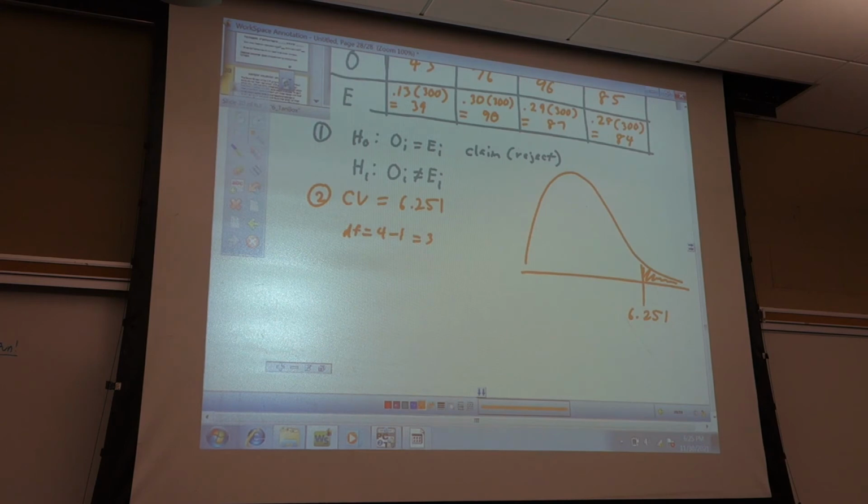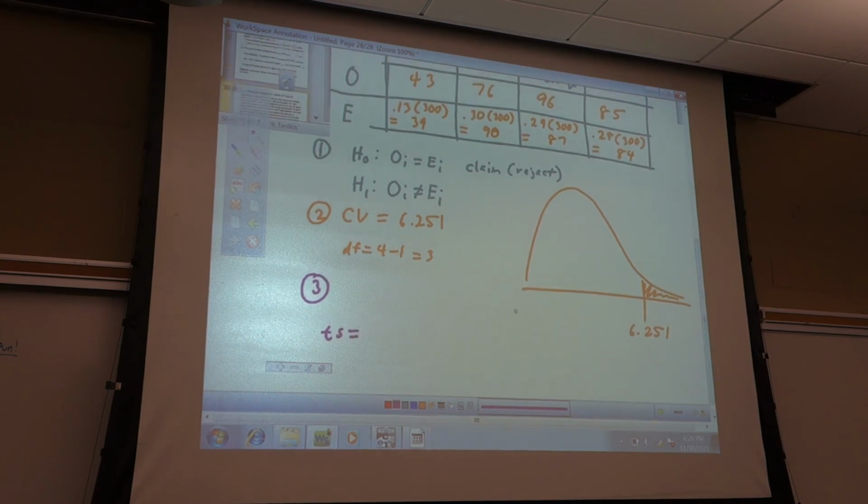Step 3. Find my test stat. So it's going to be, for every category, observed minus expected, squared, divided by expected.